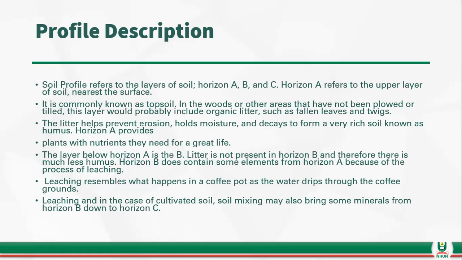The litter helps prevent erosion and hold moisture, and as it decays it forms a very rich soil known as humus. So horizon A provides plants with the nutrients they need for a very good life.